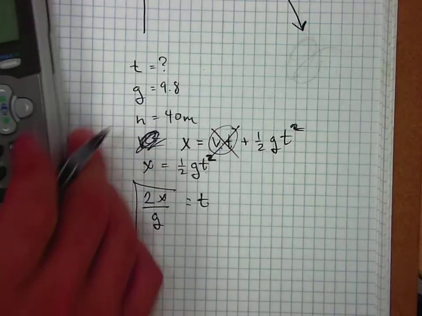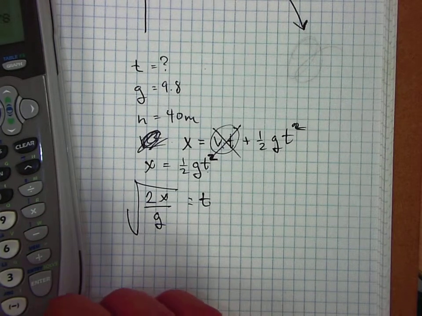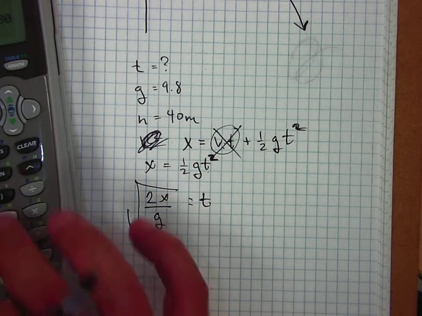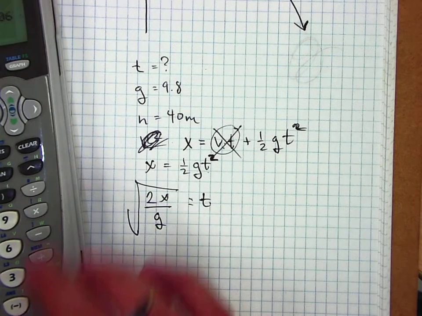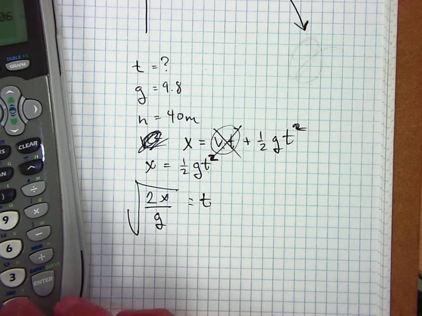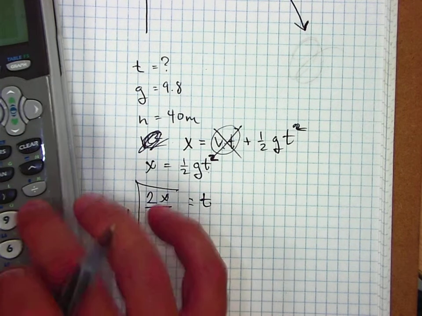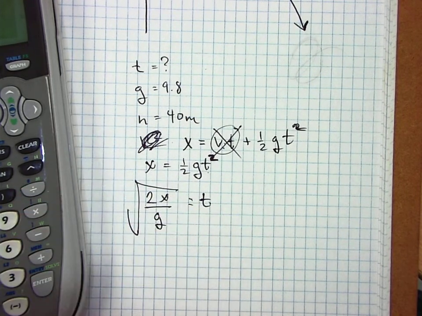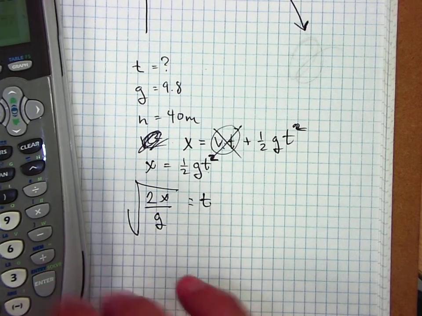So if something drops from 40 meters, let me do that again, 2 times 40 divided by 9.8, second function square root, second function answer.